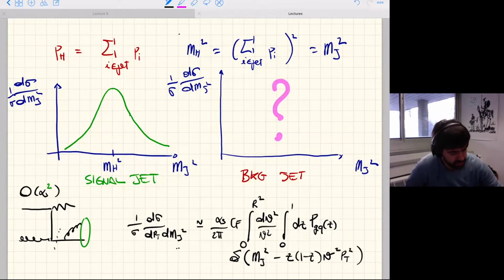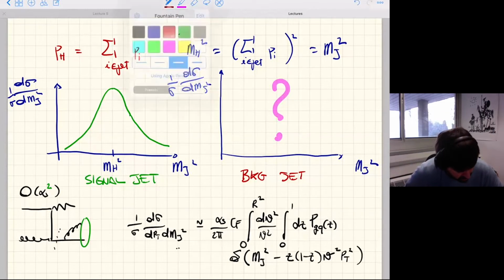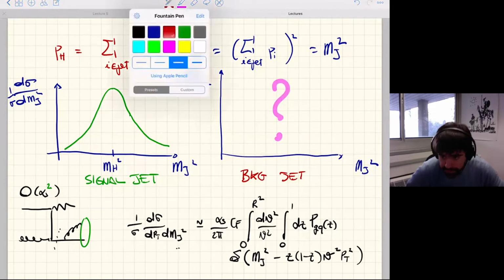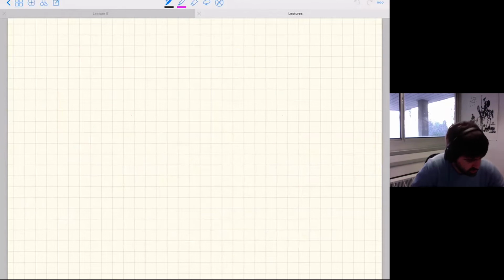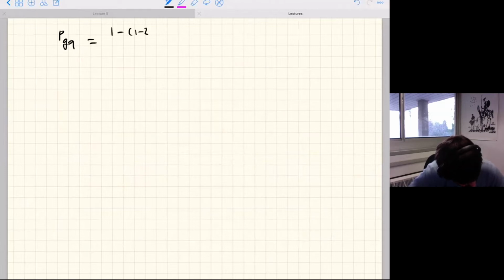Now I can tell you that if we're interested in the logarithmic terms, P_gq is divergent in the soft limit. P_gq is (1 plus (1 minus z) squared) divided by z.